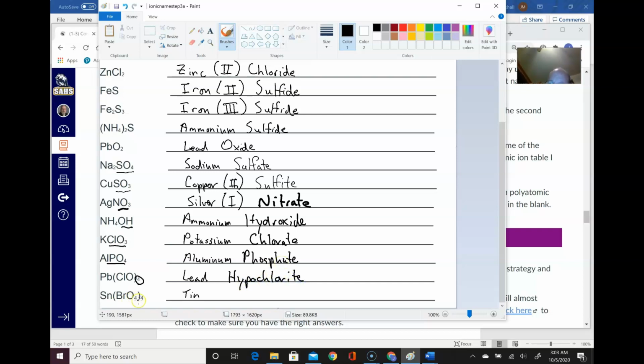And then I've got 4 oxygens here, and that's 1 extra oxygen, so that's perbromate. Okay, so that should be a good introduction into how to name these things.